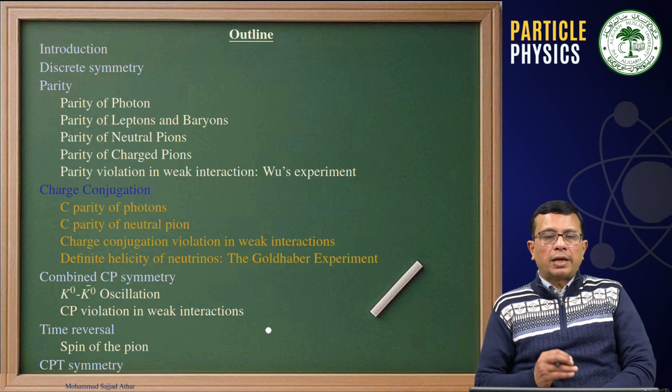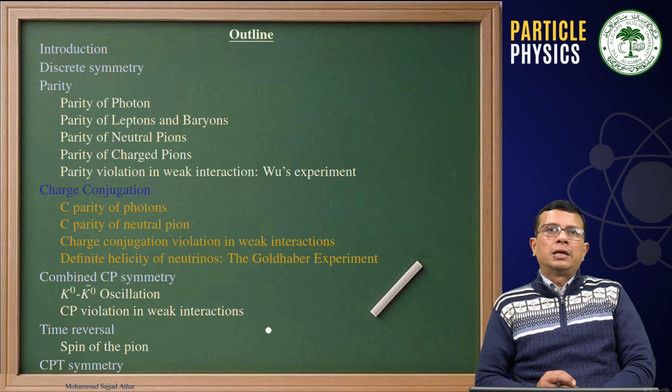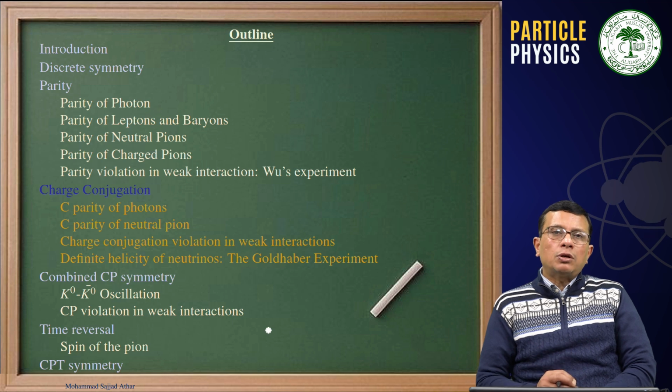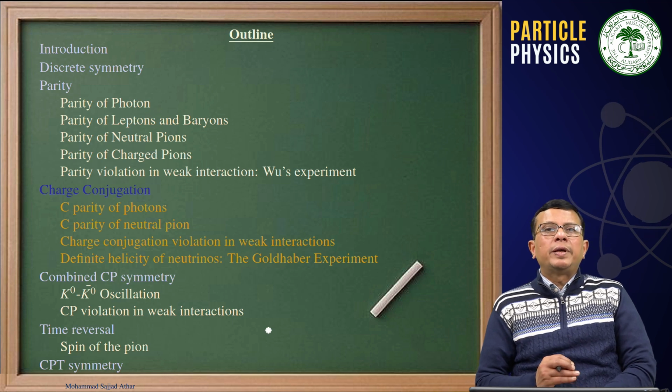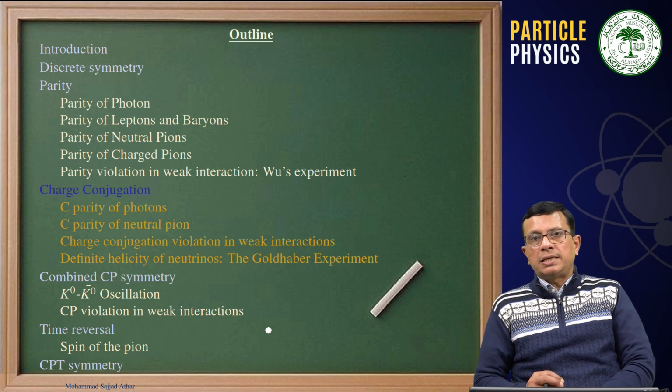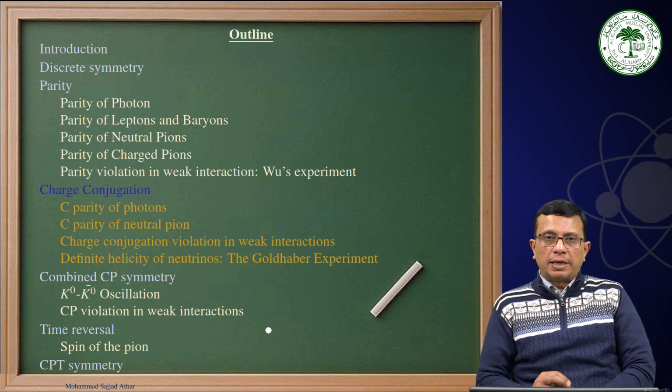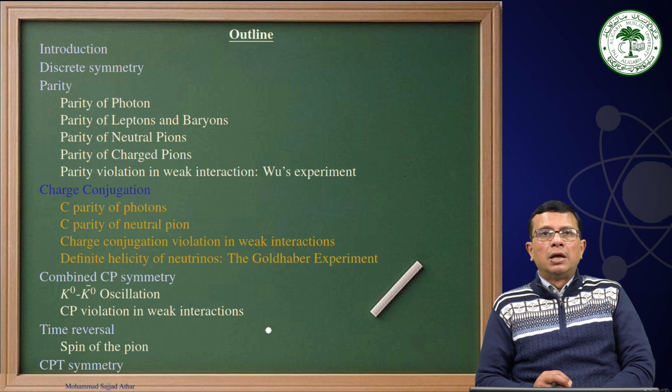This is an internal symmetry, and a charge conjugation operation, when it operates on a particle state, gives an antiparticle state. It changes charge, it changes lepton number, it changes baryon number, etc., without changing its angular momentum, for example, and other properties that we will see.